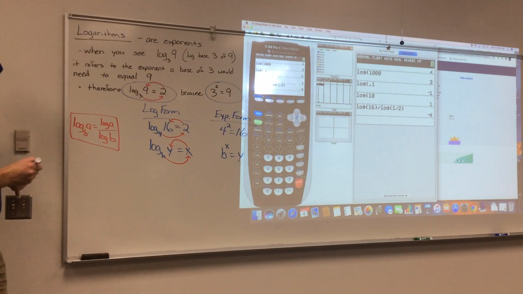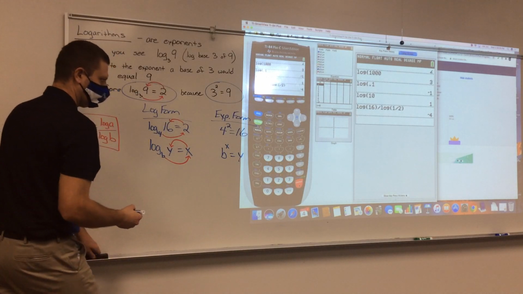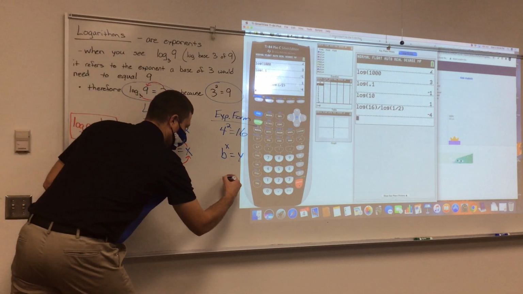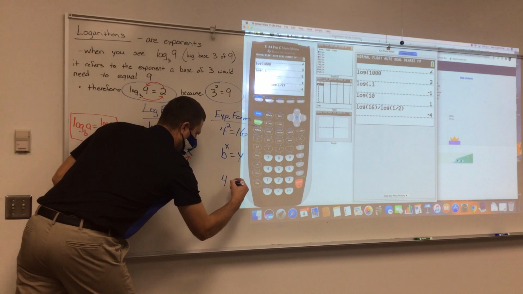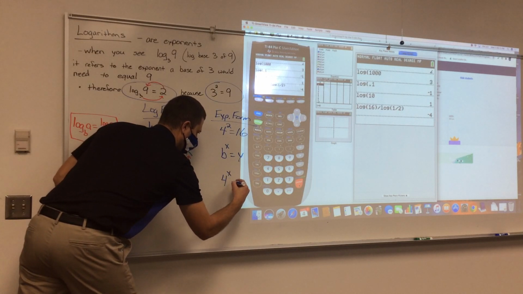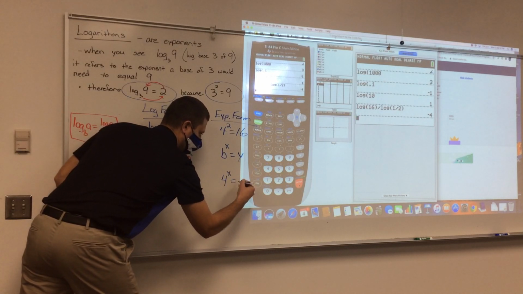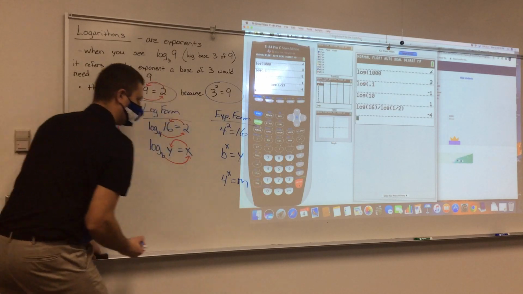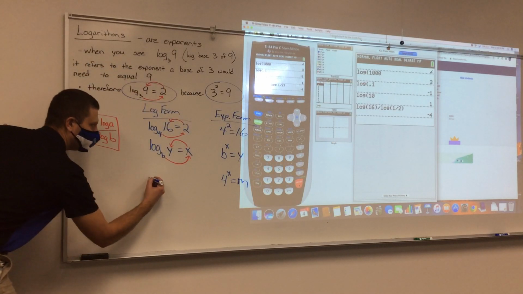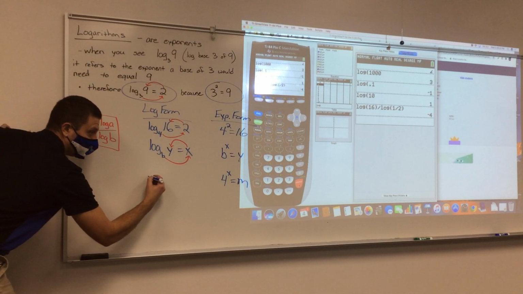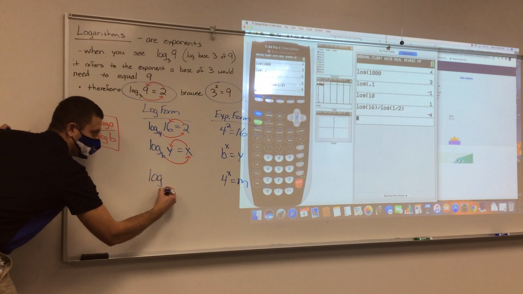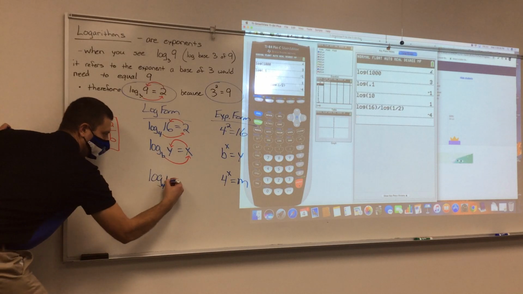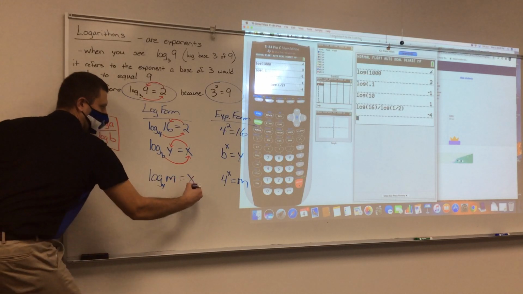The reason I'm showing you that is I'm going to give you this. 4 to the x equals m. Log base 4 of m equals x.